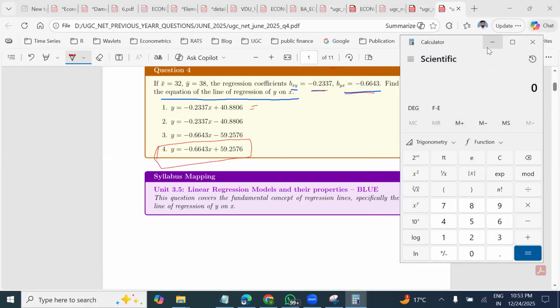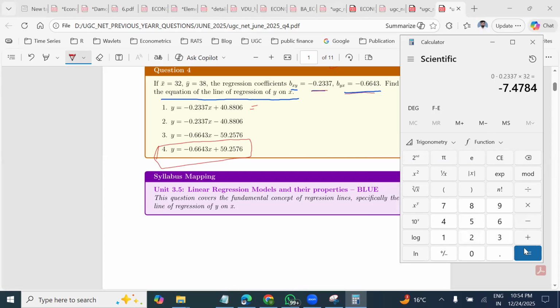No, no, just let me say first what you want to do. Let me tell you. Minus 0.2337, okay, minus 0.2337 into how much? Into 32, right? Is how much?